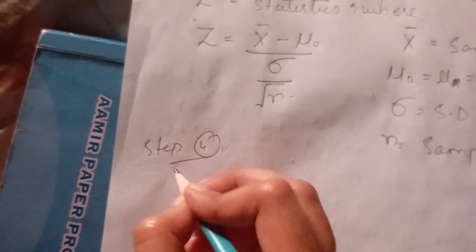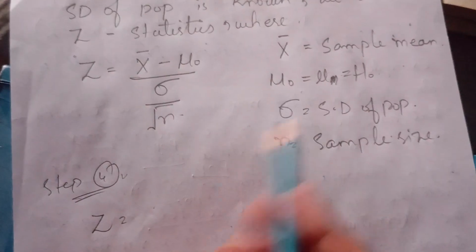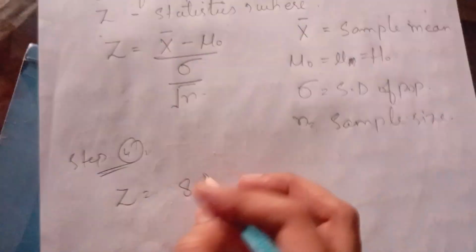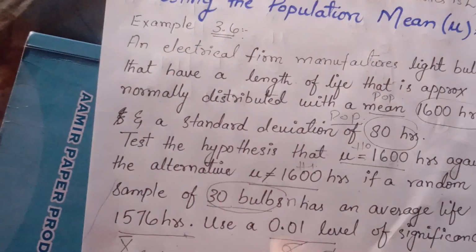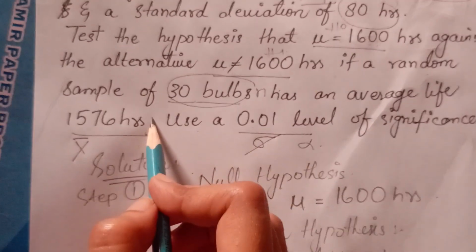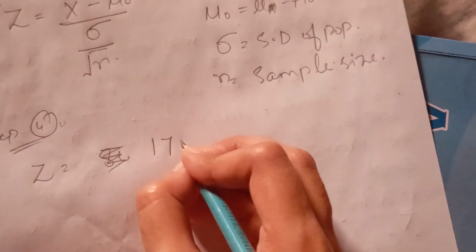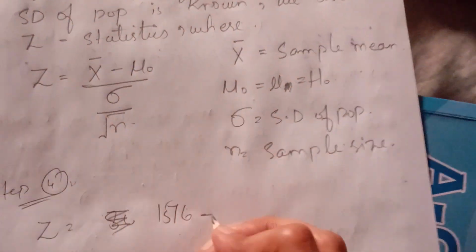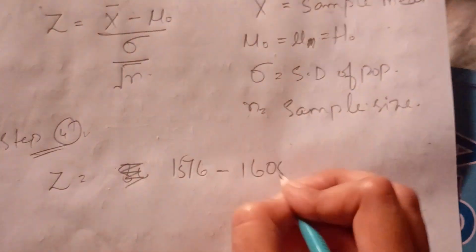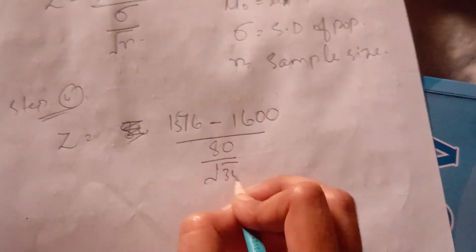Okay, so step 4 is calculations. So the calculated value: this is the sample mean, 1576, minus 1600, and sigma is 80, and n is 30.